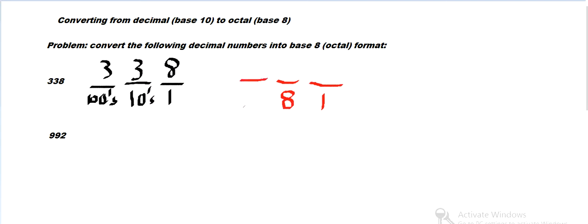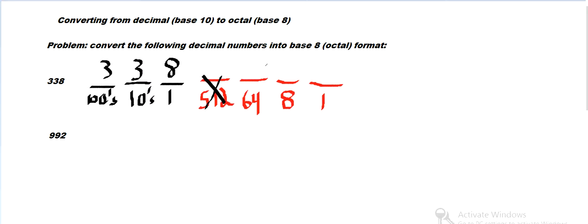So we get 1, then 8, and 64, and then 64 times 8 is 512, and so on. Now we're working with 338, so we can stop at 512. We stop when we get to a number that's bigger than what we're trying to convert. So we're not going to use 512.